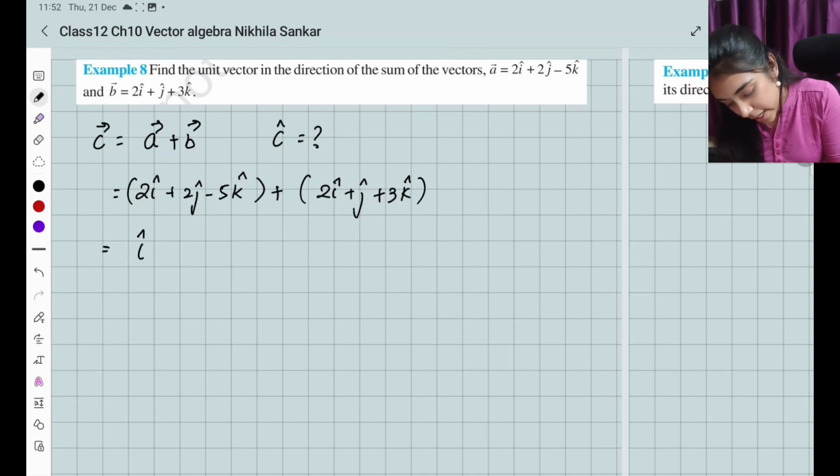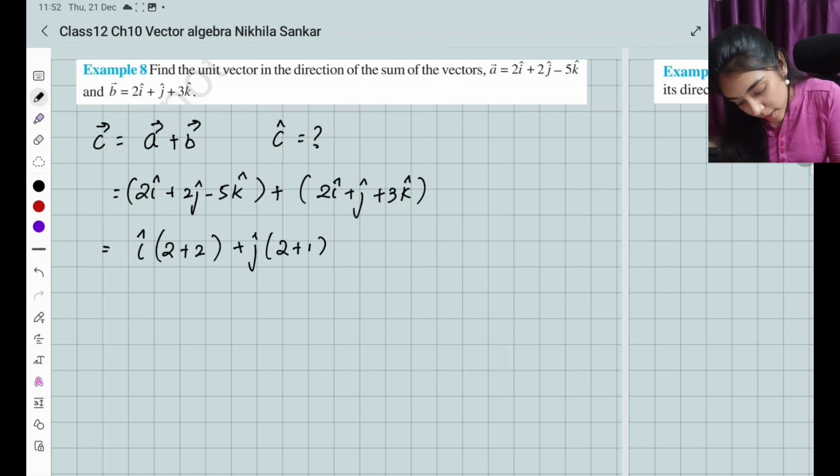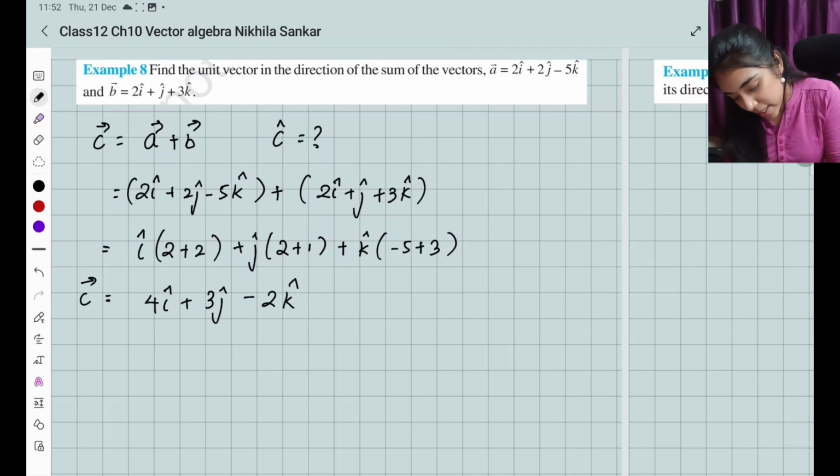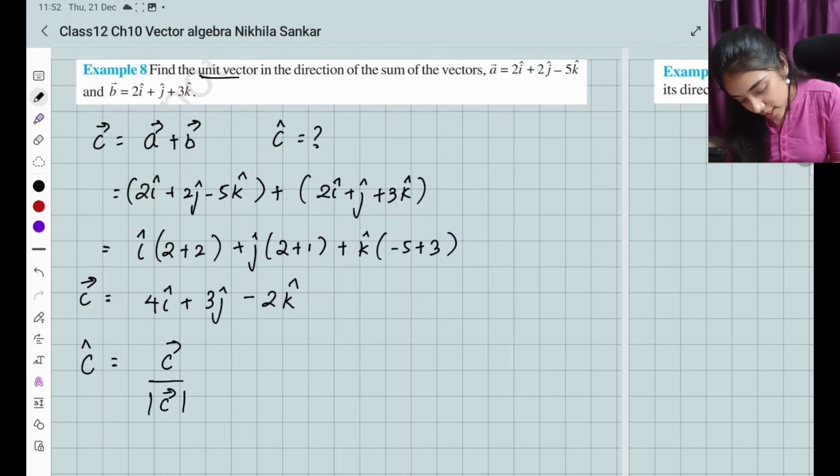So, this is going to be i cap எல்லாம் club பண்ணா I have 2 plus 2, j cap club பண்ணா I have 2 plus 1, k cap club பண்ணா I have minus 5 plus 3. Now, 4i cap plus 3j cap minus 2k cap, and this is my c vector, but they are asking for a unit vector. So, c cap is going to be c vector divided by modulus of c vector.